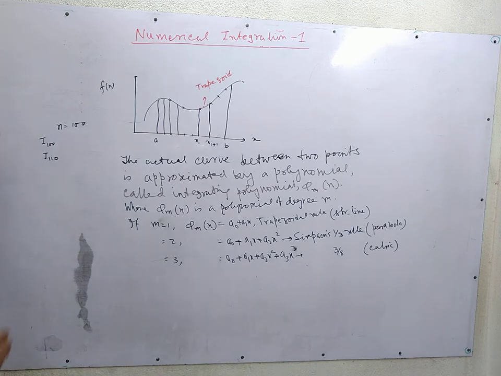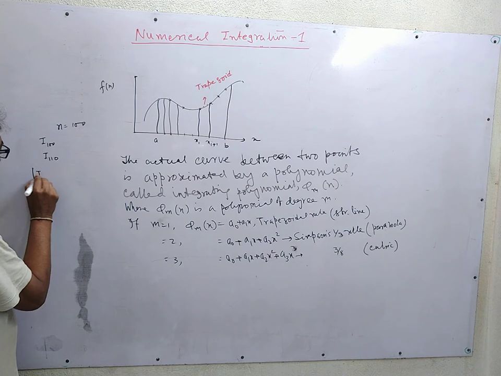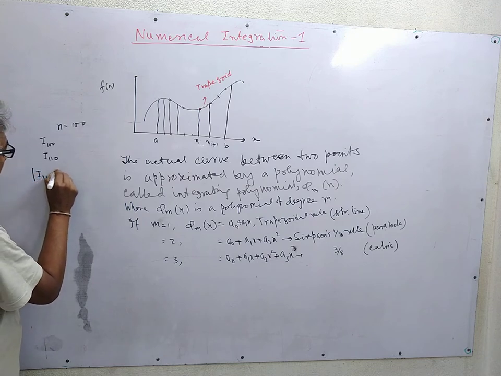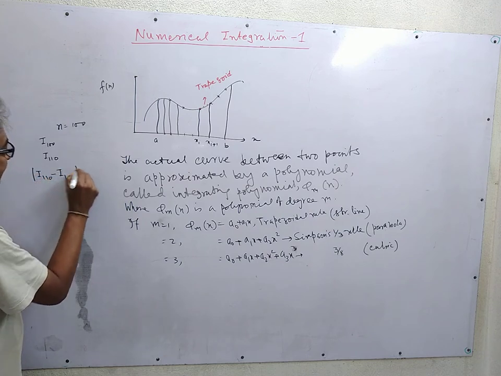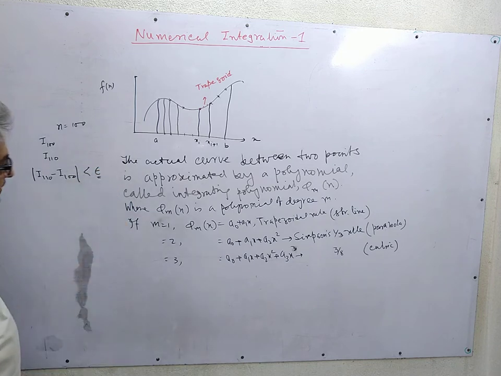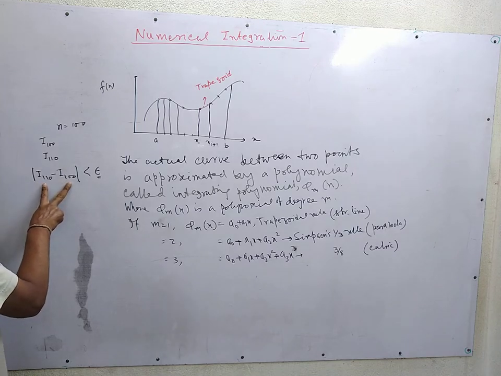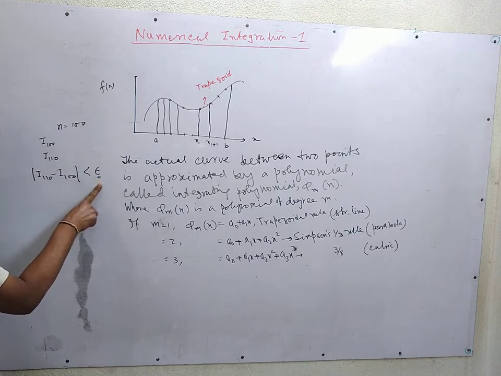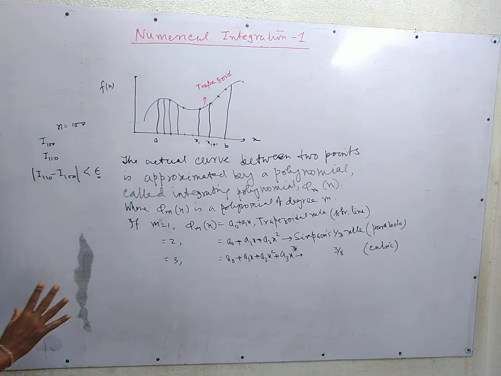So we take the difference. If this is less than the accuracy level, that is, we want the result to be correct up to say the third decimal place, so if the modulus value of the difference of these two is less than 0.0001, then we say the result is convergent.